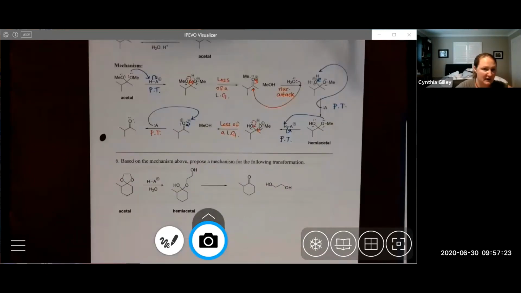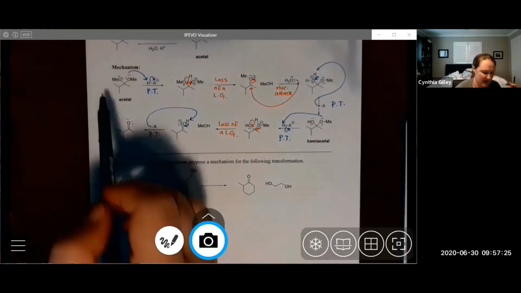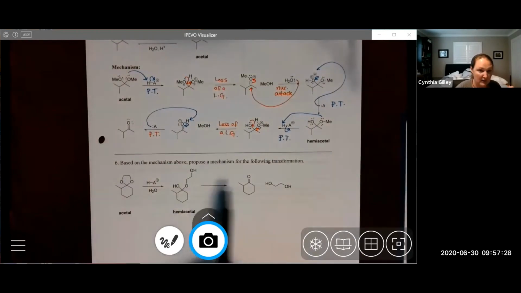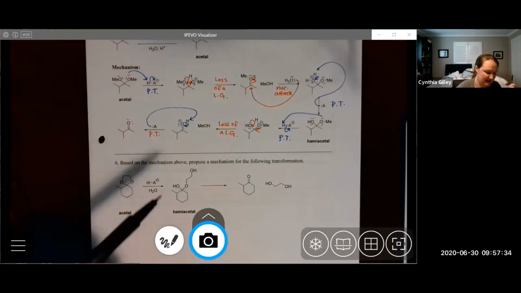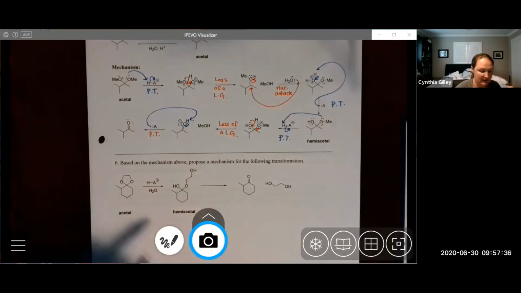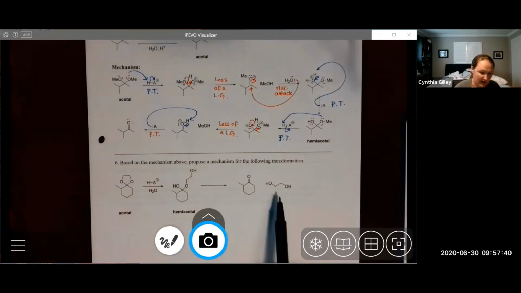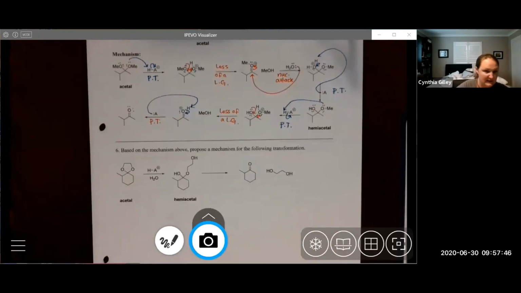So we are going to essentially use these same steps to go back with the cyclic acetal. So it's going to be the exact same thing, right? It just looks a little bit different because instead of using an alcohol, we have to kick out a diol. But really, if you think about the root core of the steps.